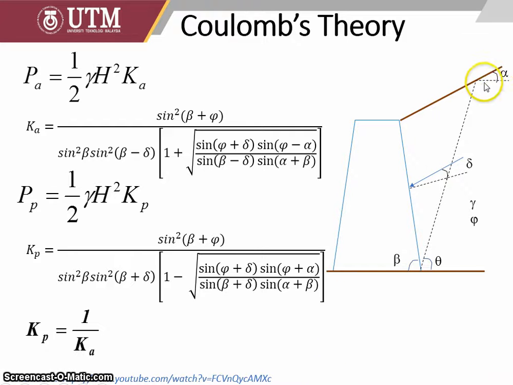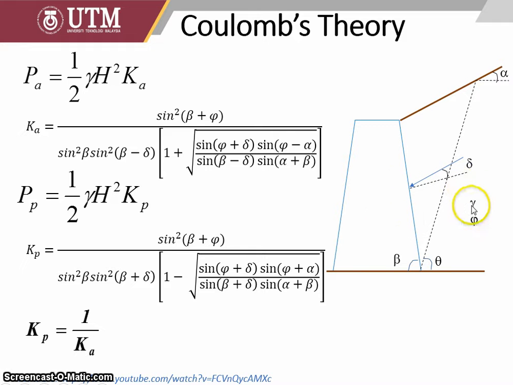Previously, the angle of inclination of the soil at the back slope was known as beta. But now we use alpha, following Dr. Kamaruddin's module text if you have one. So alpha here, delta with the, oh I forgot to add, this is pressure. The blue arrow is the pressure produced by the soil and exerted on the retaining wall.